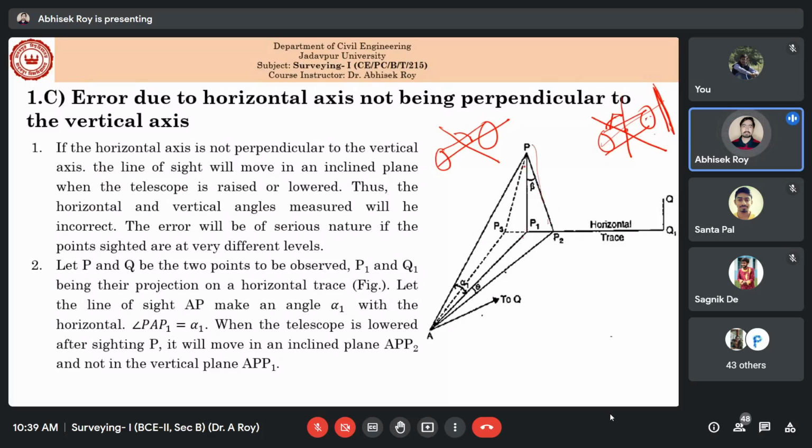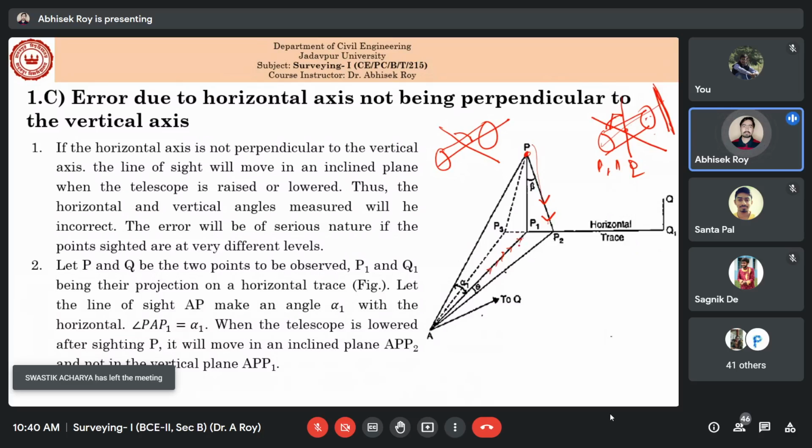So instead of PP1, after bisecting, if you are going down, instead of PP1, it will follow a trajectory of PP2. Hence, any measurement of the angle, you want to measure this P1 AQ1, so your measurements will be with respect to this line.